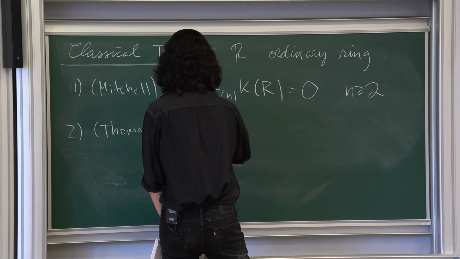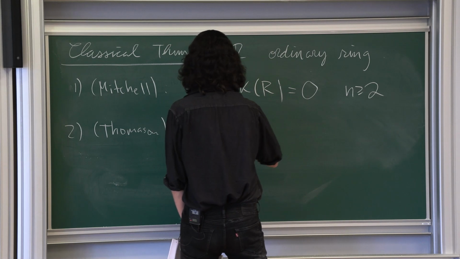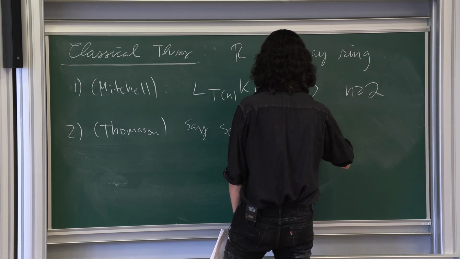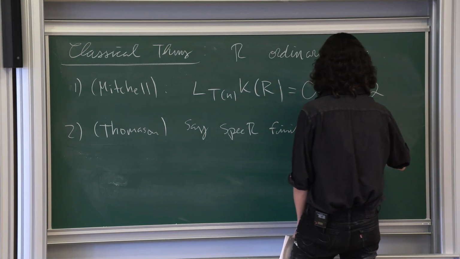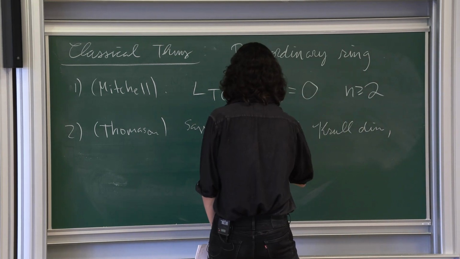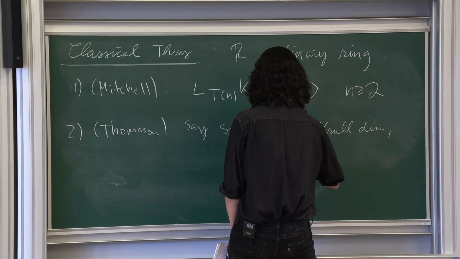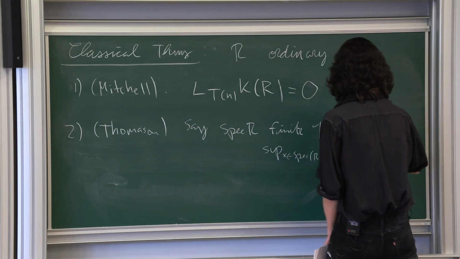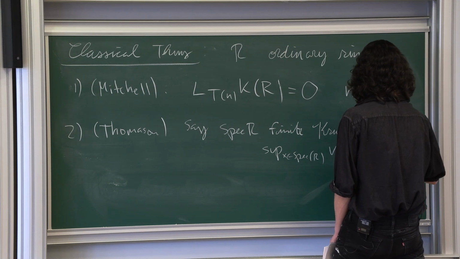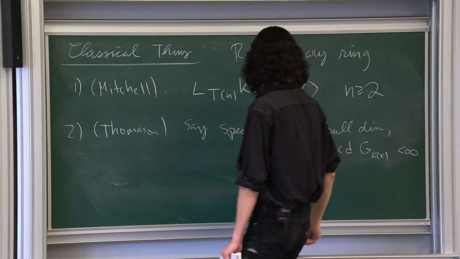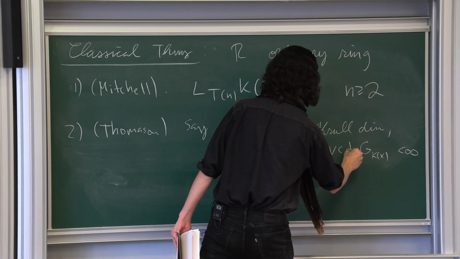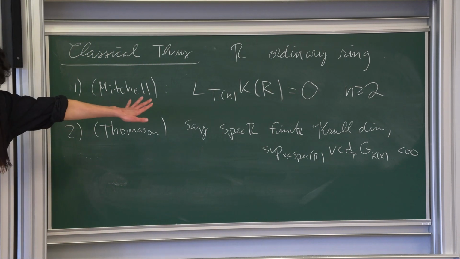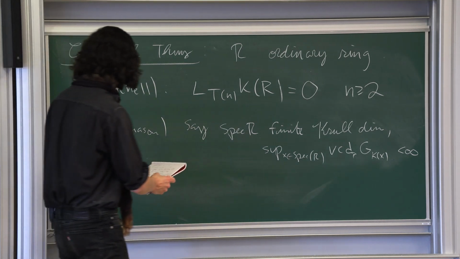Well, let's say that Spec R has finite Krull dimension, and then the supremum over X in Spec R of the virtual cohomological dimension of the Galois group of the residue field at the prime P is less than infinity. Very, very mild finiteness hypotheses.